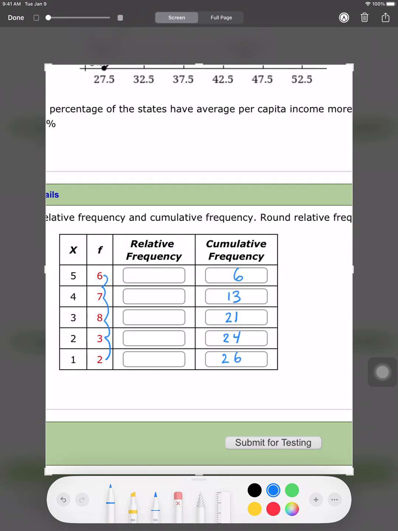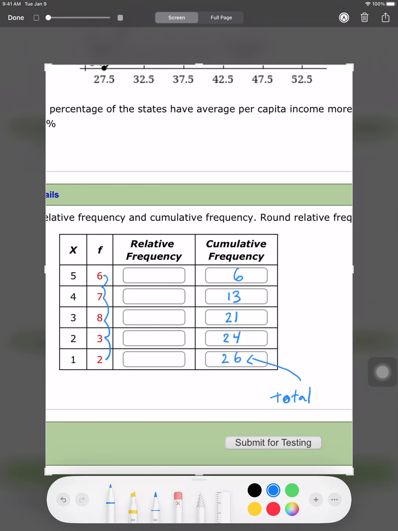The important thing, and the reason why we do the cumulative frequency first, is that the last number is always going to be the total number of values. There were 26 numbers in this data set. Numbers being either 1 or 2 or 3 or 4 or 5, but there are 26 numbers in total.